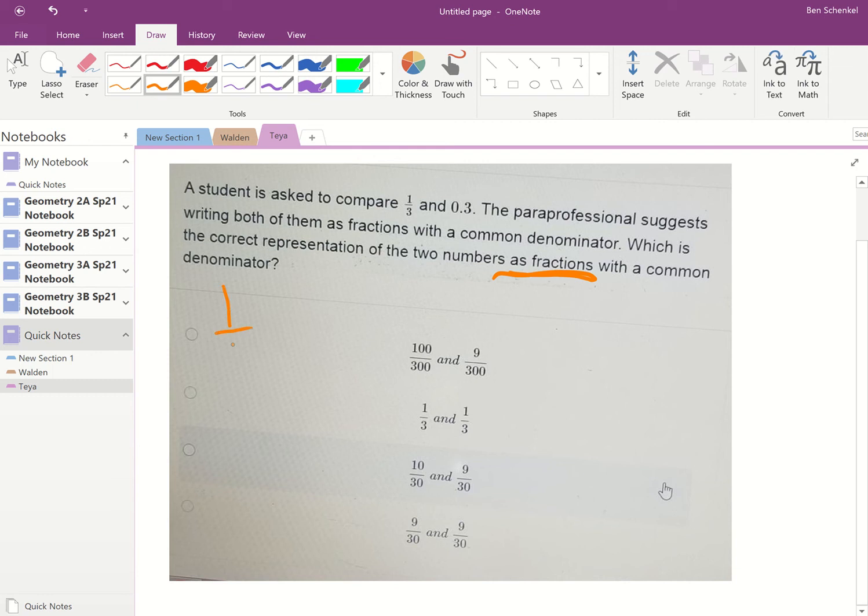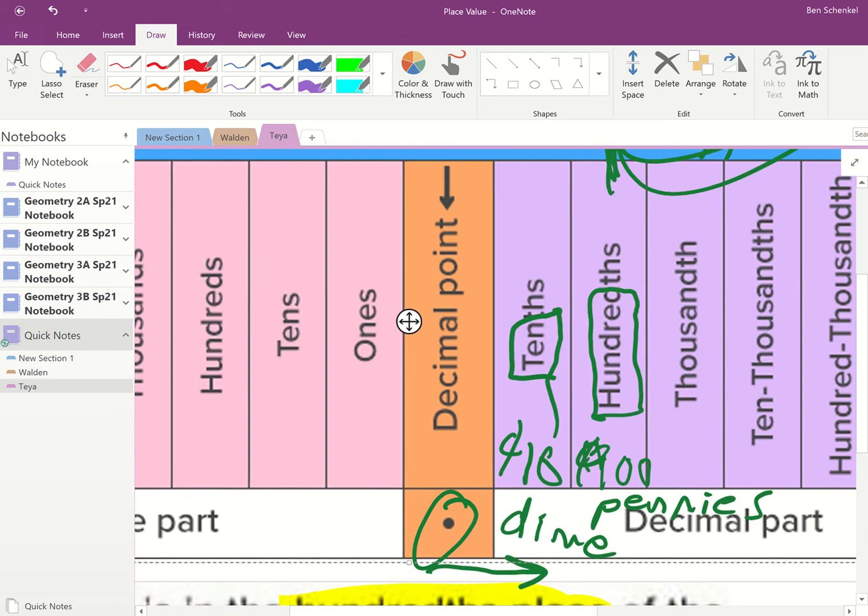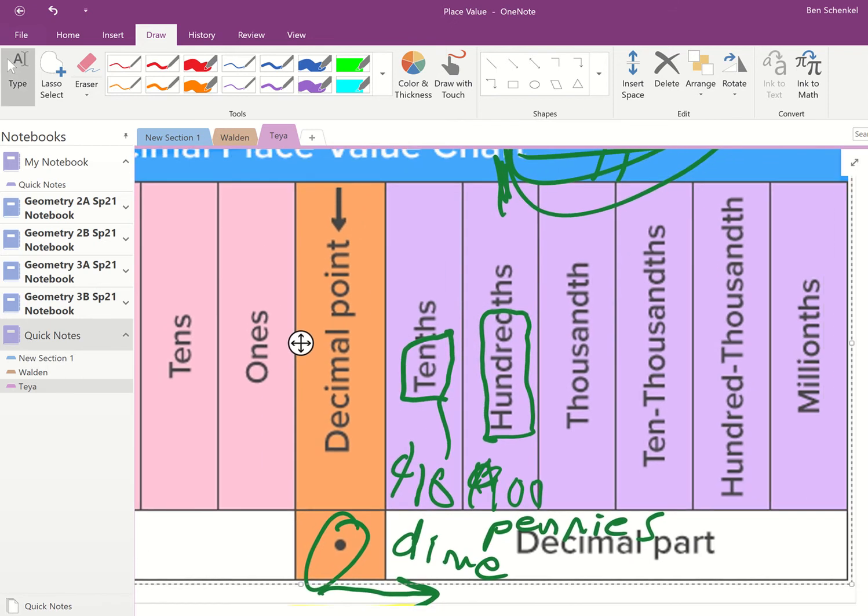The first one is already 1/3, so we don't have to mess with it. The other is 0.3, which is a decimal with a 3 next to it. Well, if we go back to the first one we did and look at our decimal place value, remember tenths is money, and if it's worth 10, it's a dime, which is the first decimal place to the right.